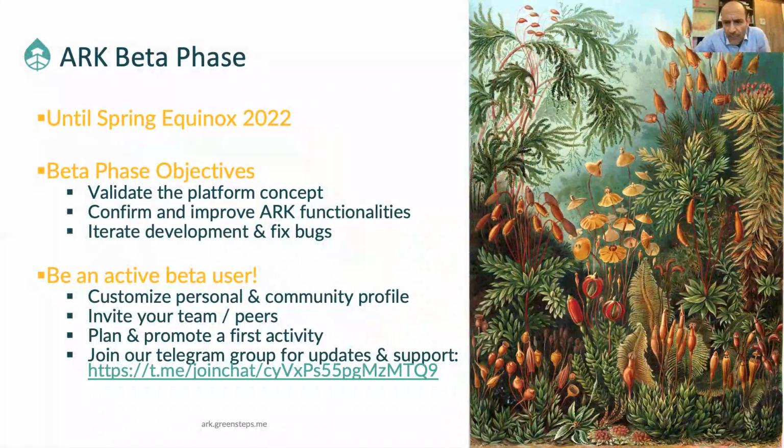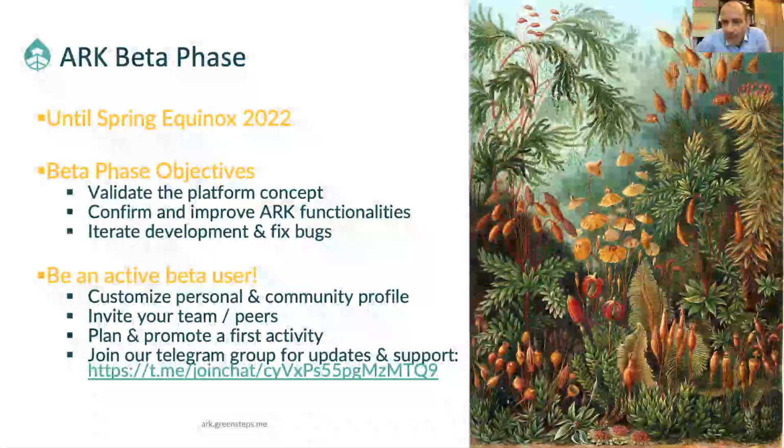So until end of March, we need to still validate the concept. Send us your feedback. We will continue to improve the ARK functionalities. Actually, our goal for the first quarter is to stabilize the functionalities that we have, and later on we will add new functionalities. And be an active beta user.